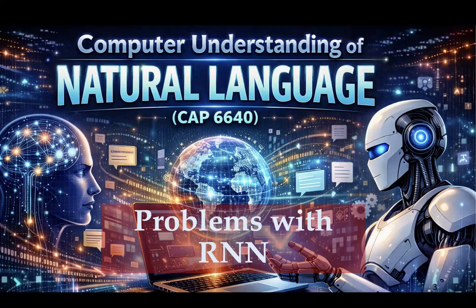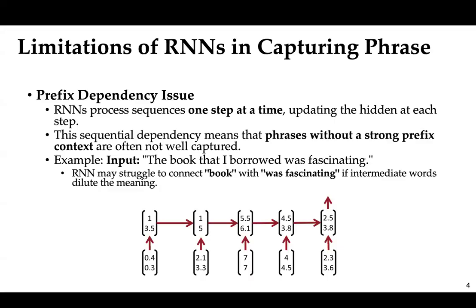Okay, so let's go over the problems with RNN. The way that RNN works is that you start with a given input. Let's say these are the embeddings that we have, and then you feed those E's into the W's and get some intermediate representation, the H's, the hidden layer values. Make sense?